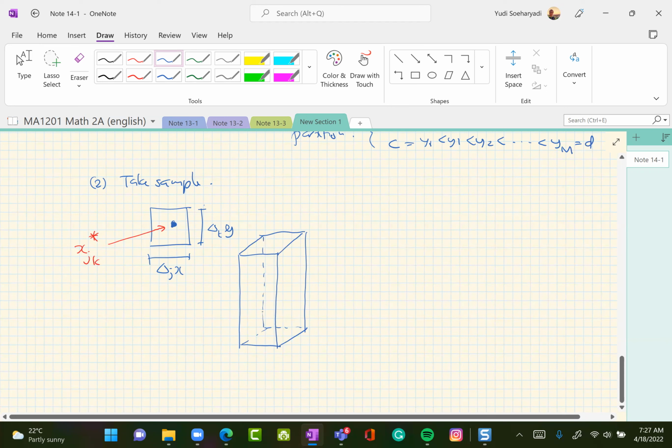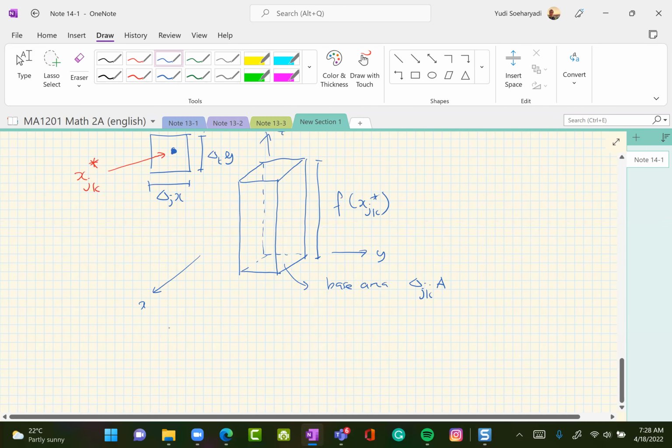So the height is determined by f at the representative, and the base area is what we call delta jk A. Okay, and the height is f of xjk star.